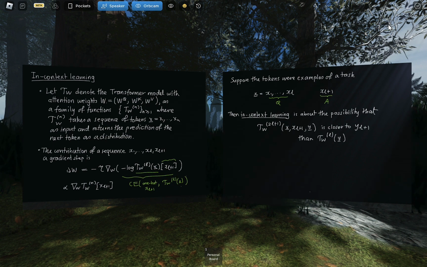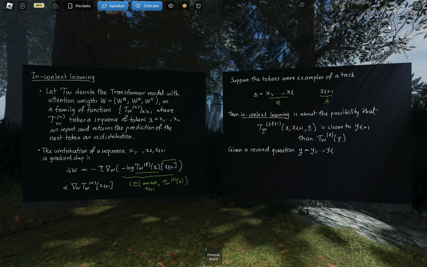So suppose you're given a second example question rather, which is Y underlined, so that's a sequence of L tokens. Then you have two things you can do. You can take the same transformer and feed it that question, and then it gives you a distribution over possible tokens Y_{L+1}.